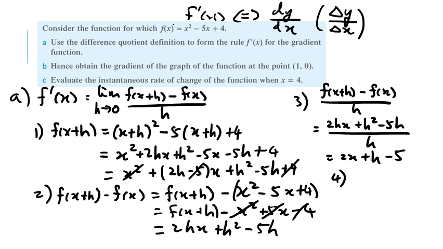And then the last bit, you just take the limit as h goes to 0. When I take the limit as h goes to 0 for this part, what do I just put in? 0. So what am I left with?